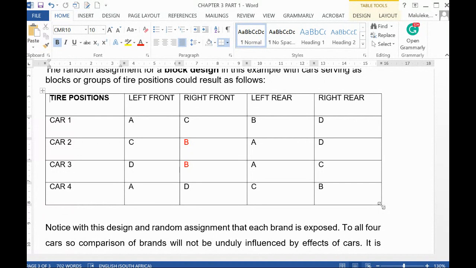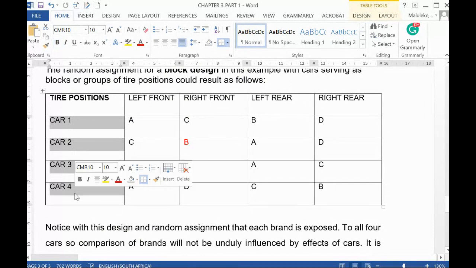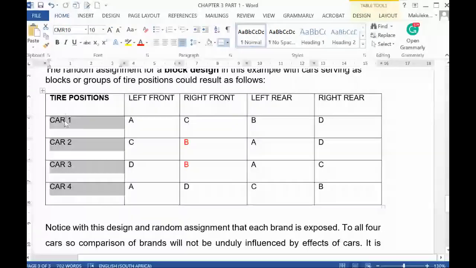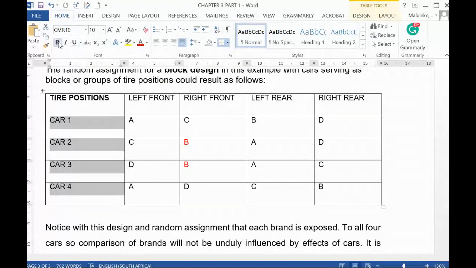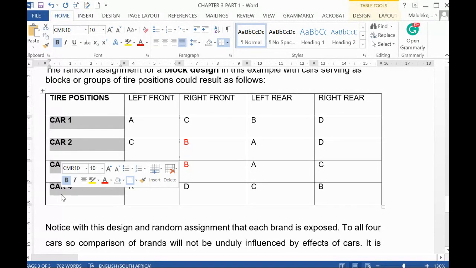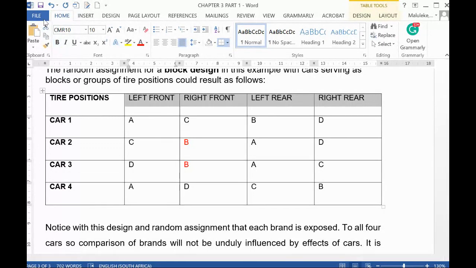So in this case, our block here can be the type of the car, isn't it? What is appearing on the left is block 1. These are the blocks. The rows will represent the blocks, and the columns will also represent the blocks.